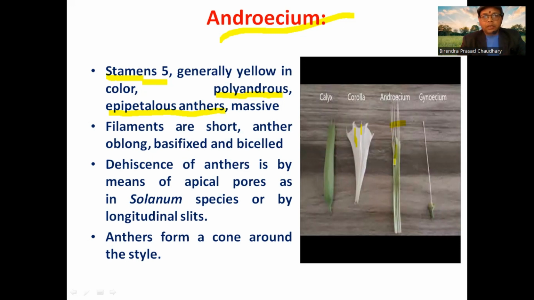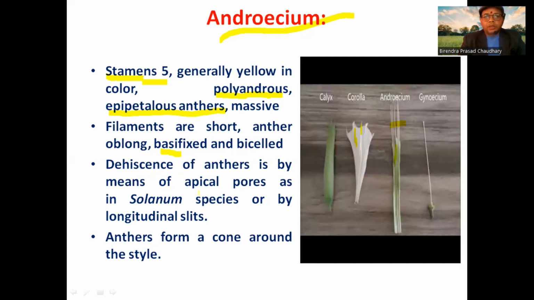Filaments are short. They have short filaments, and anthers are oblong, basifixed, and bicelled. The anther has two lobes, bicelled. Dehiscence of the anther is by means of apical pores. Dehiscence means bursting, the opening of the anther after it is filled with pollen grains, and that takes place at the apical pores.